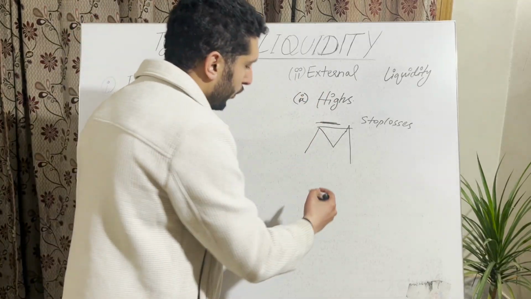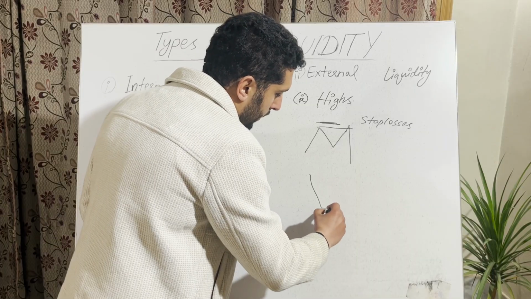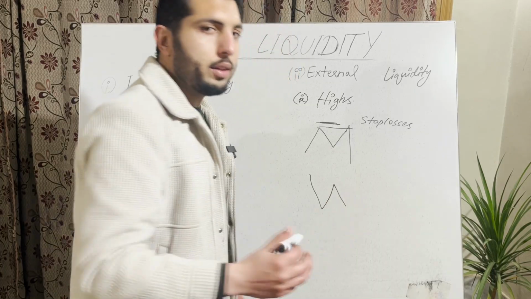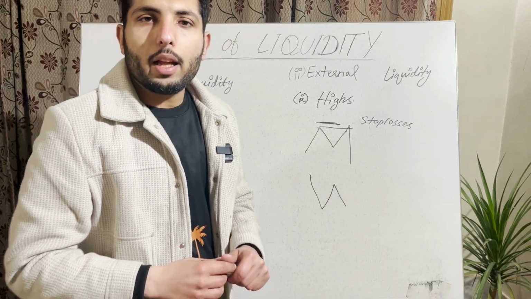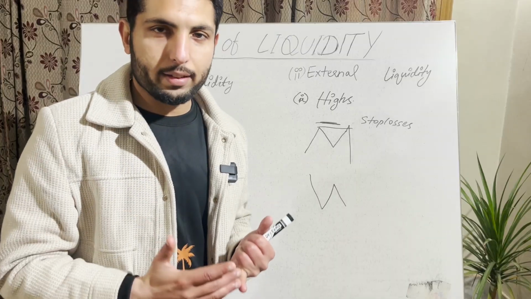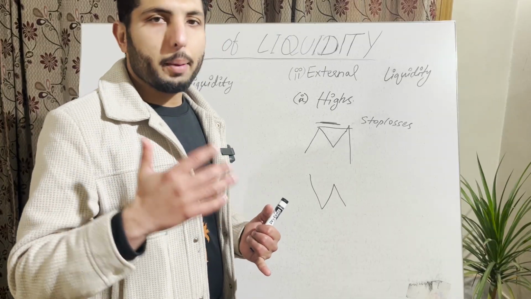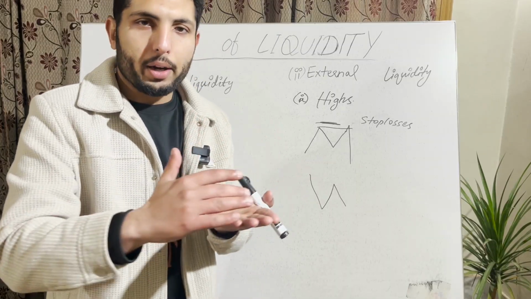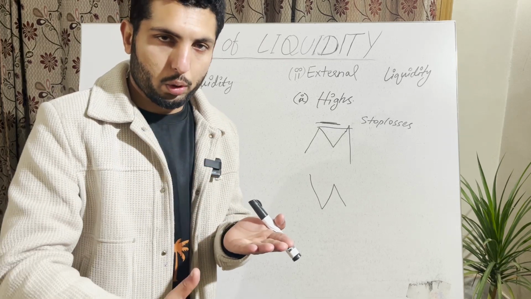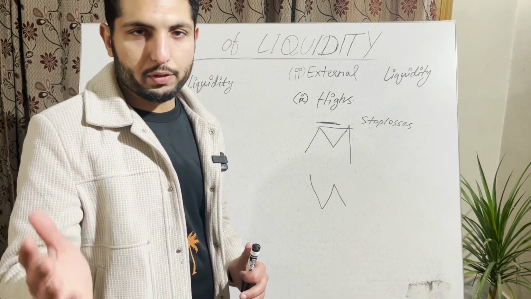The same is true for the lows. We have been taught that the lows actually work as a support, and the lows are bound to hold the market from dropping downward. But that's not true most of the time.